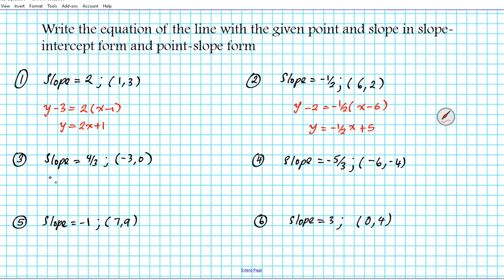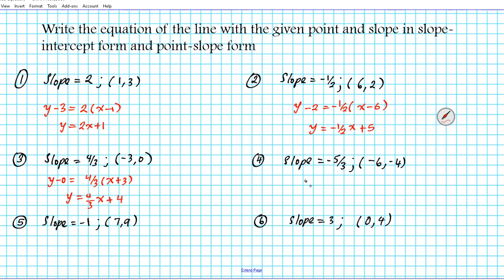For number 3, the point-slope form is y minus 0 equals 4/3 times the quantity x plus 3. And then the slope-intercept form is y equals 4/3 x plus 4.